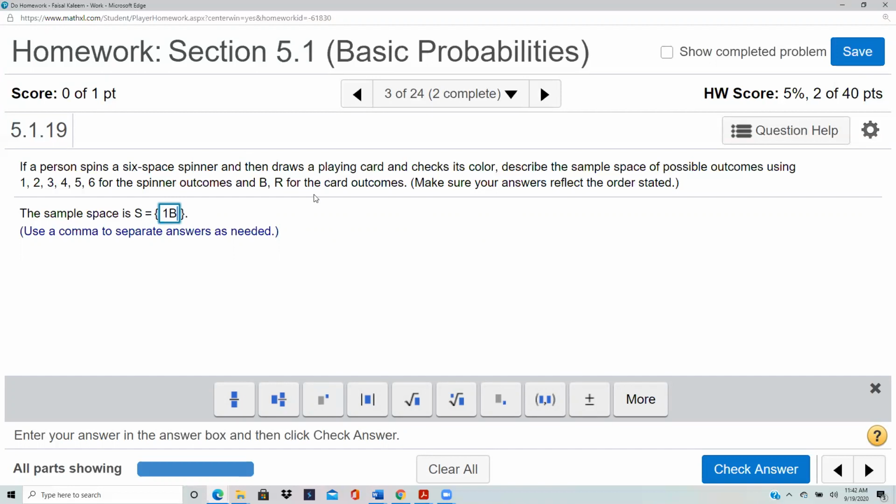So you would have 1B and then 1R, 2B, 2R, 3B, 3R, 4B, 4R, 5B, 5R, 6B, 6R.